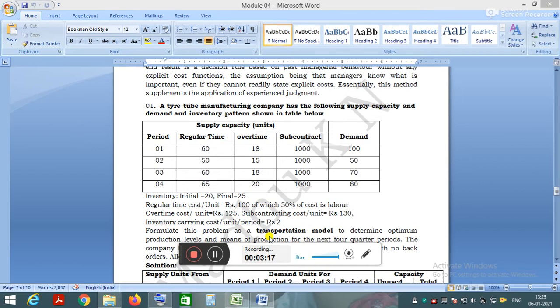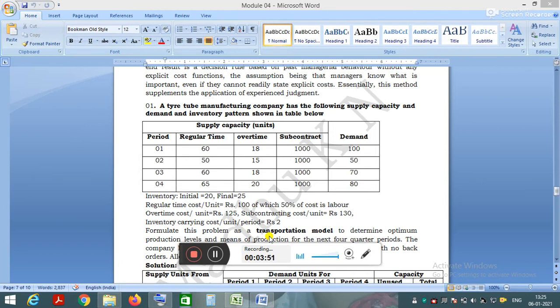We need to solve the problem considering the inventory, that means the products already available in the warehouse at the start of the first period is 20, and at the end of the fourth period is 25. The regular time cost per unit, that means to produce one product in regular time, costs around 100 rupees, of which 50% is the labor cost.